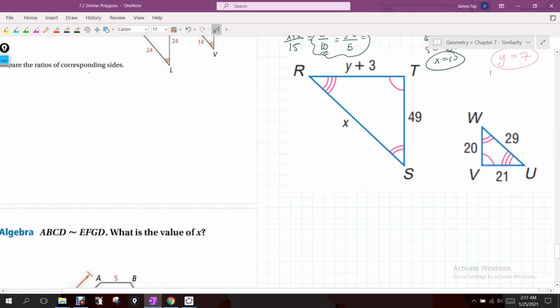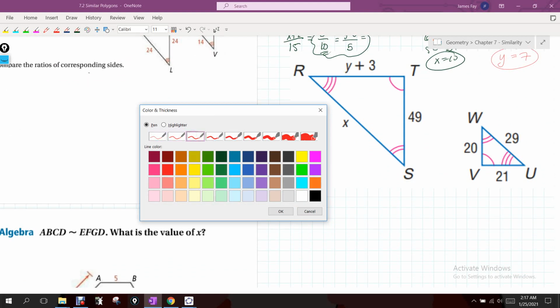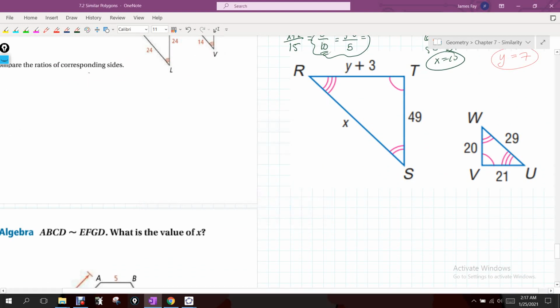All right, so this is the type of problem that I would most likely put on a test or a quiz. We have to first identify the triangle on the left, and we'll just call it RTS. RTS is similar to a triangle where R had 3 marks in it, so you come over here and find U because that has 3 marks in it.